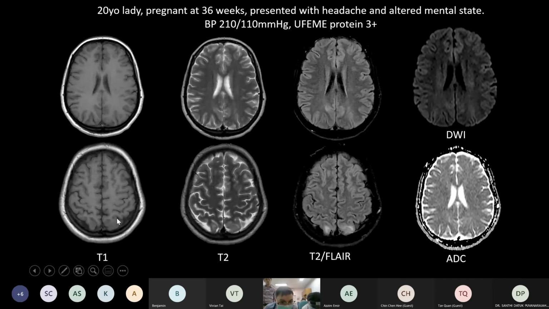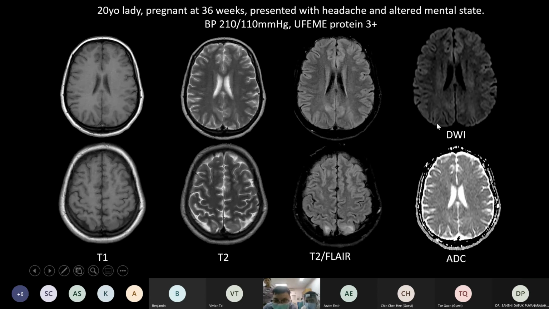In T2 at the same level, you can see there is also hyperintensity. And in T2 FLAIR, after you attenuate the CSF out, you can see that indeed there's a hyperintensity. So when you look at this lesion, whether this is a diffusion restricted lesion or there's no diffusion restriction, we look at DWI and ADC.